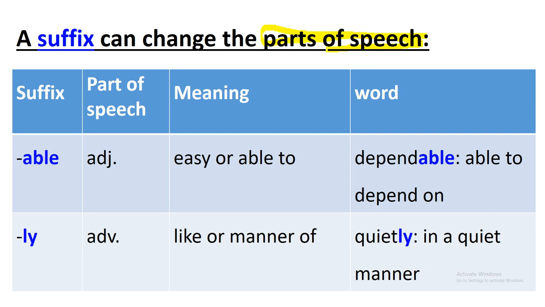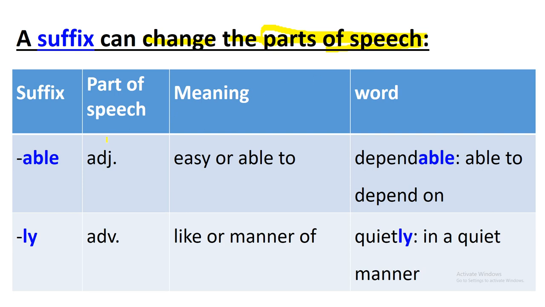But after adding ly, it turns into an adverb, which is happily. So what happened here? The suffix ly changed the part of speech. It changed the word from an adjective to an adverb. So some suffixes can change the parts of speech. They can change a verb to a noun, they can change an adjective to an adverb, and so on.